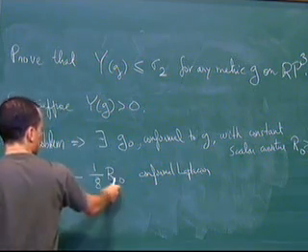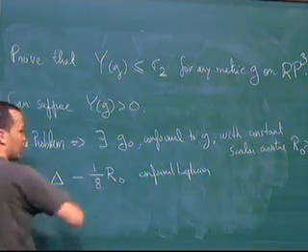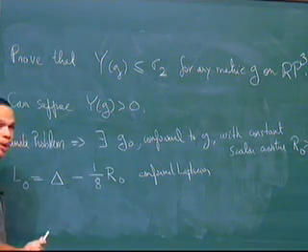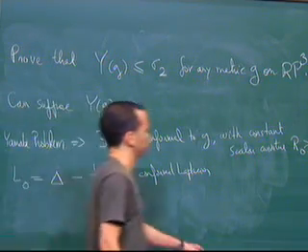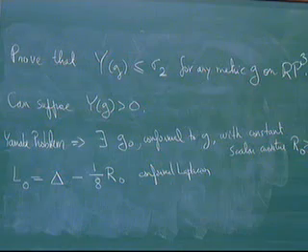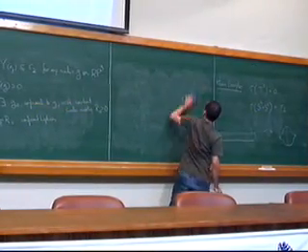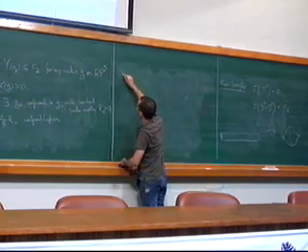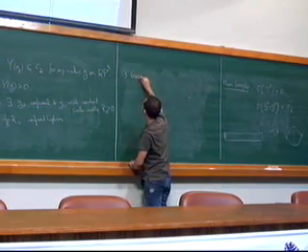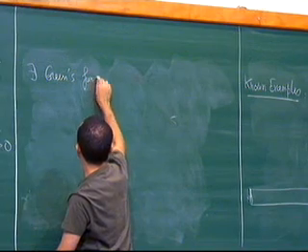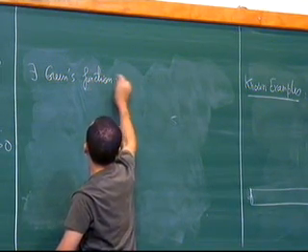And now because this constant is positive, we can construct a Green's function, a positive Green's function for this. So we write this.